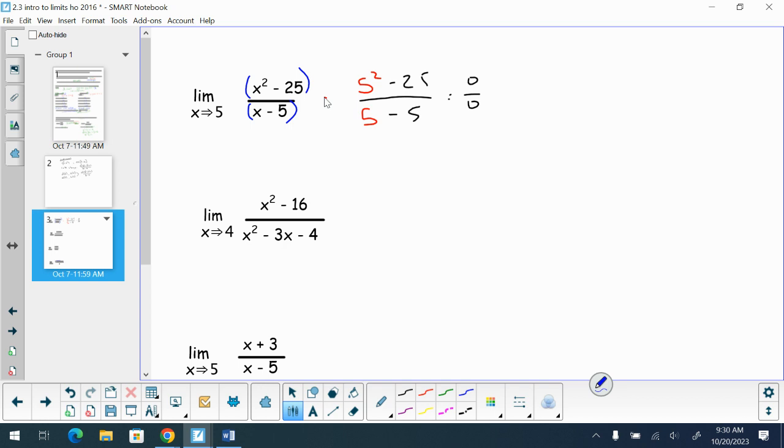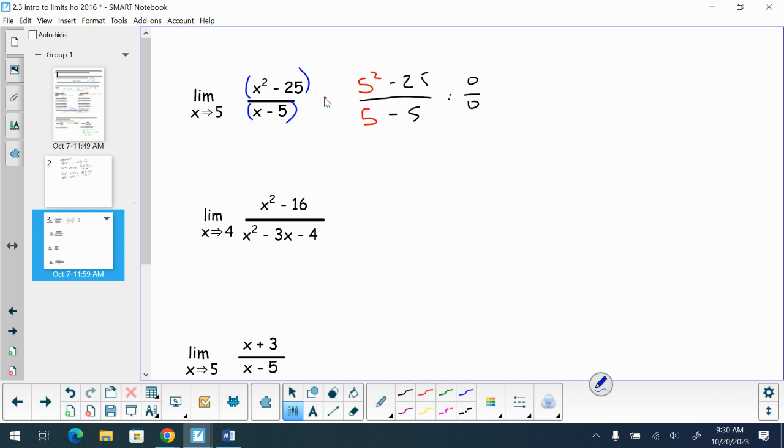Quantity, make sure you quantify the numerator and denominator. Quantity x squared minus 25 over quantity x minus 5. Now what we want to do is plug in values that get us closer and closer to 5.